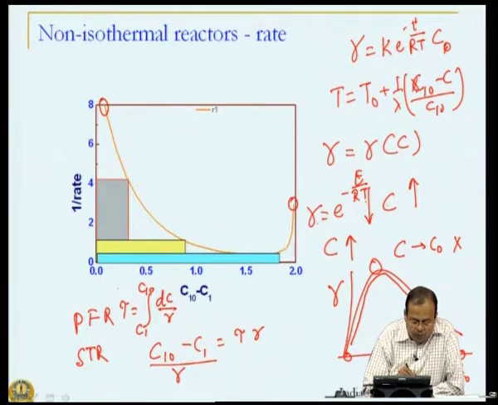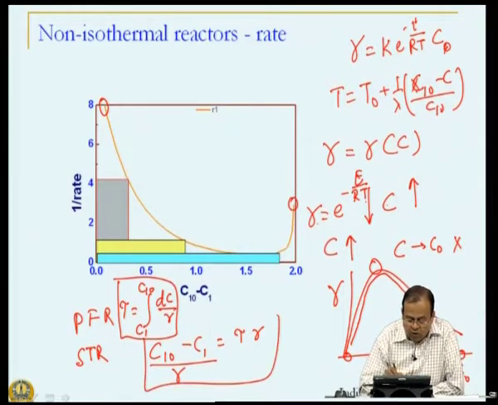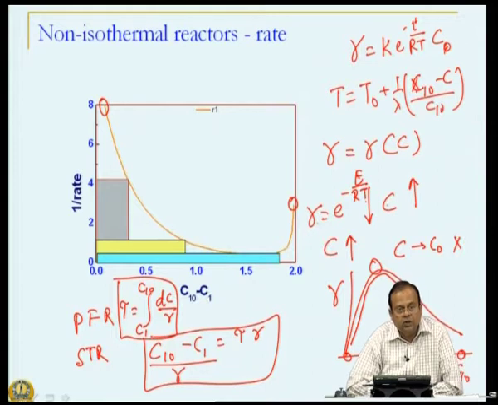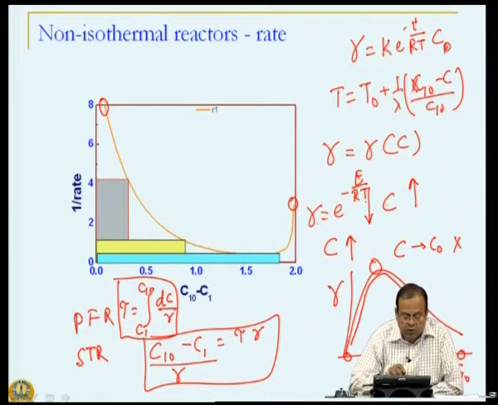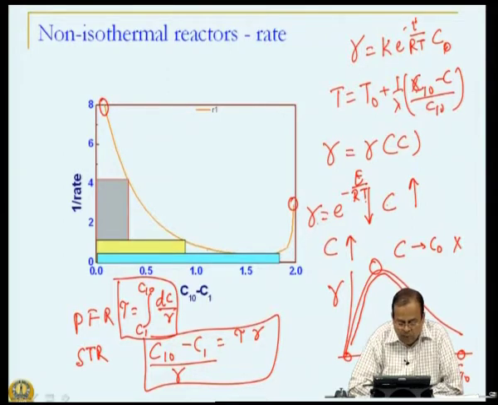Or in other words, graphically, for plug flow reactor residence time is the area under the curve, for stirred tank reactor it is the area of the rectangle. So, let us look at what happens, and we talked about how we can relate it to 1 over rate versus C10 minus C1 plot.